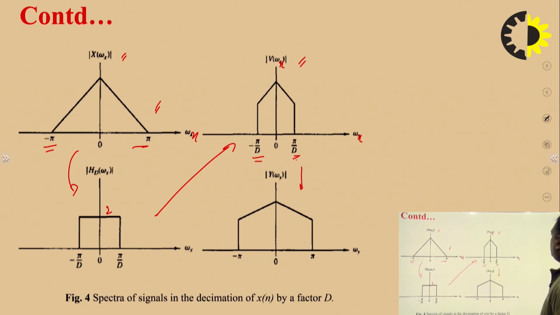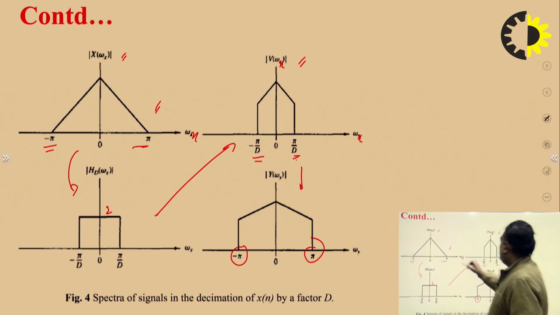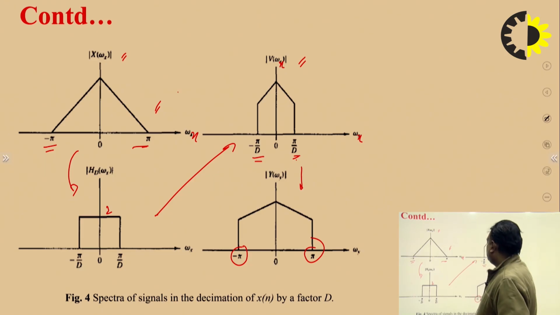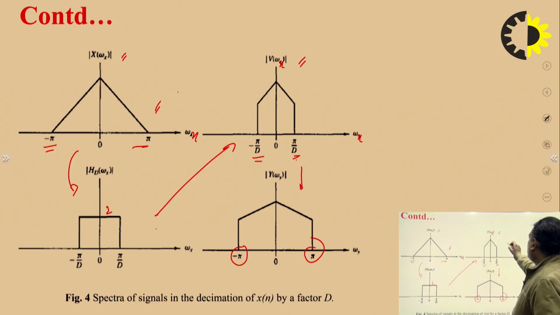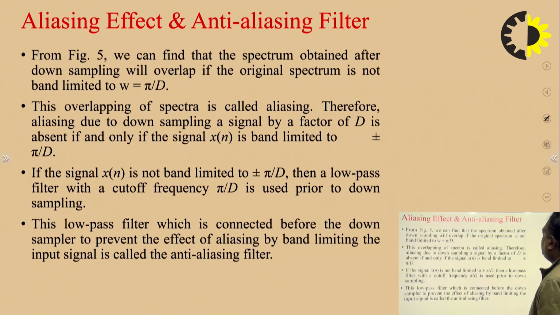When we do the downsampling, this spectrum expands in the frequency domain, and these values become minus pi to pi. So this is for the input signal, this is for the low pass filter, this is the product of input signal and low pass filter, and this is the downsampled output which we want after decimation. Similarly, frequencies will change accordingly.